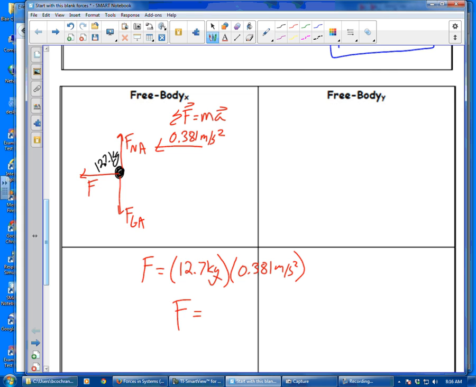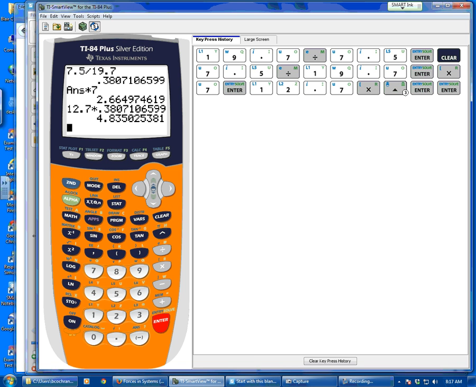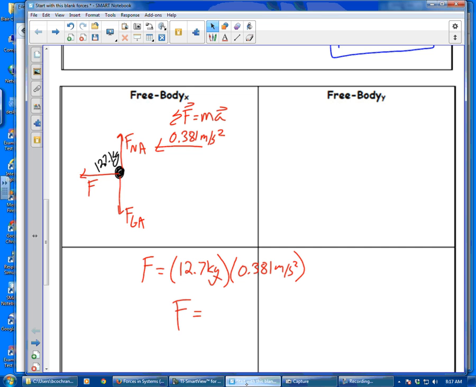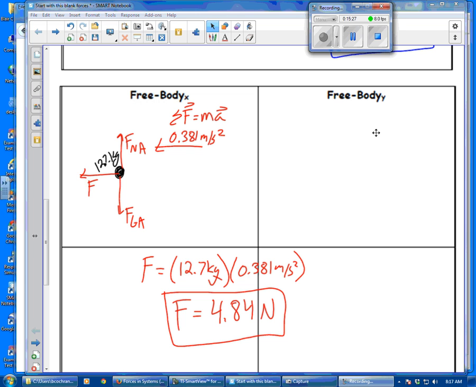So my force is 12.7 times 0.381, which is 4.84. Oh, good. So it's larger than my 2.66. That makes me feel good that I got it correct. Pause.